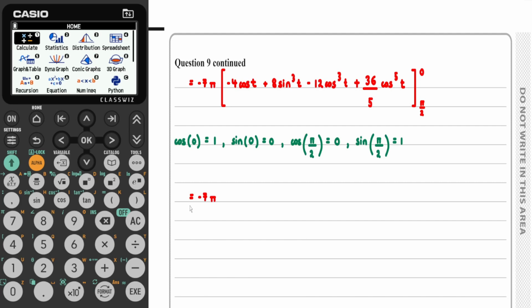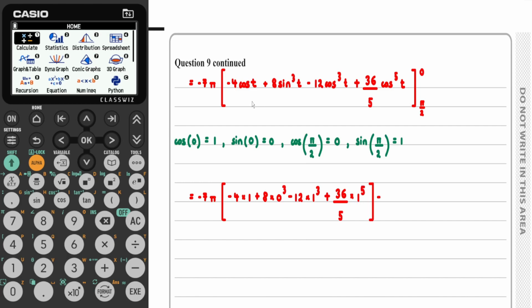So I've got, for my upper limit, negative 7 pi times pi. Here I've got negative 4. Now remember I'm substituting in 0. So I've got negative 4 times cos of 0, which is 1, plus 8 times sine of 0 cubed, so that's going to be 0 cubed. Then I've got negative 12 cos t cubed when t is 0, so that's going to be negative 12 times 1 cubed. And then I've got 36 over 5 times cos t to the 5 when t is 0, so that's going to be 1 to the 5.